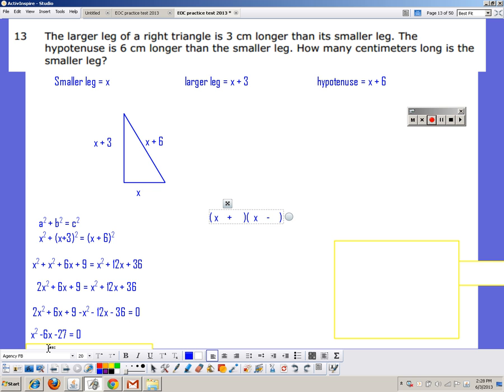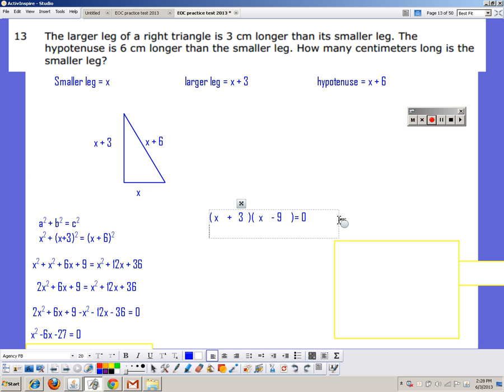Well, 9 times 3 is 27. To make it a negative 6 when you're adding, the 9 needs to be negative, and the 3 needs to be positive. So we got x plus 3 times x minus 9 equals 0.